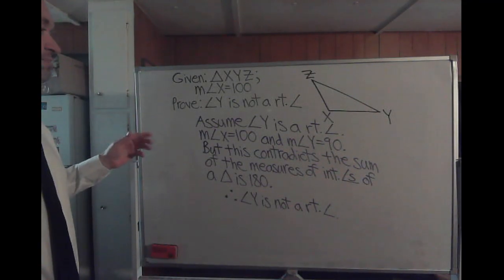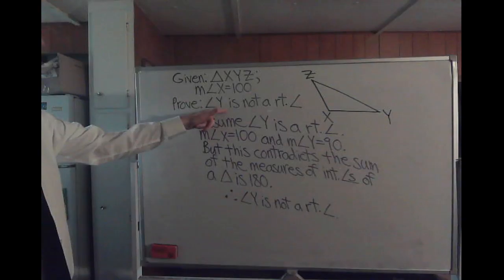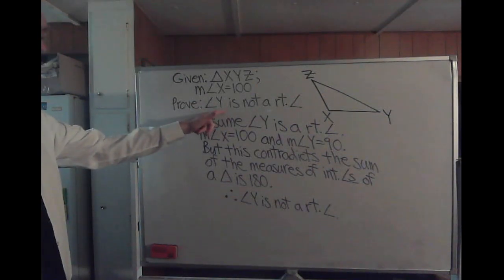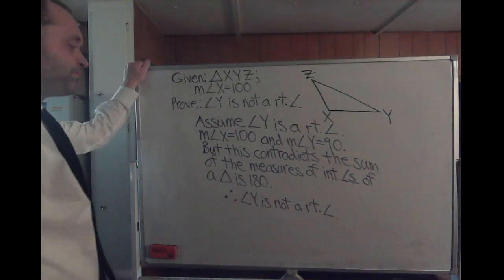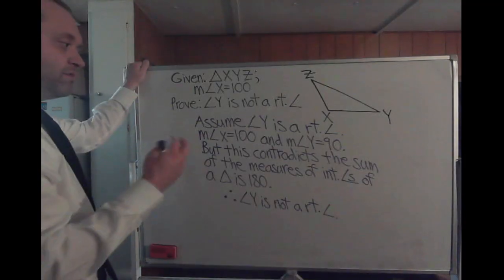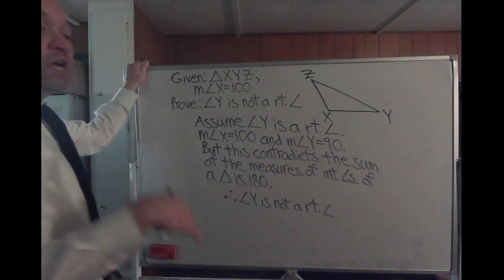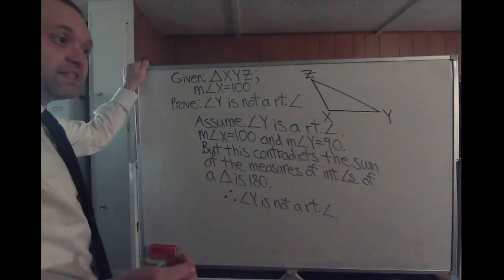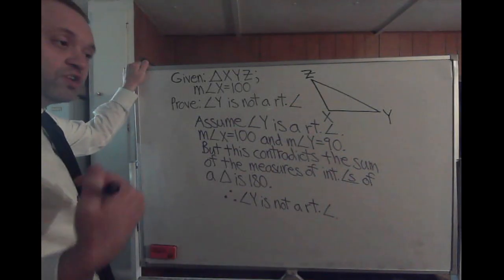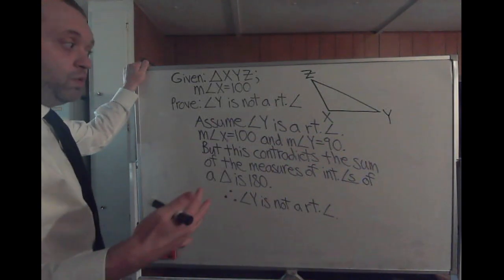To do an indirect proof, you start by assuming what you got to prove. You start by assuming the opposite of what you got to prove. And then you reason from there until you can contradict either given information, a known fact such as the previous theorem, postulate, definition, corollary, or both.